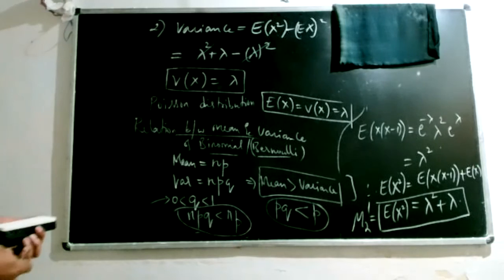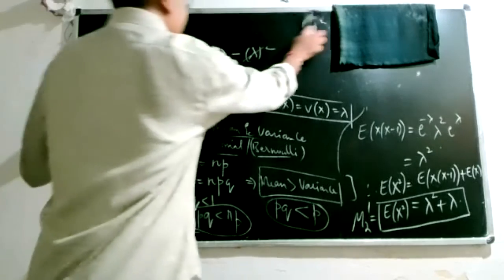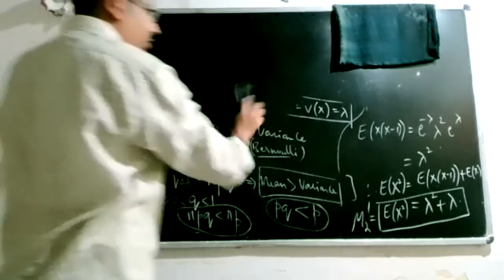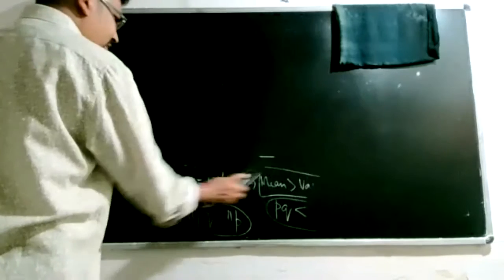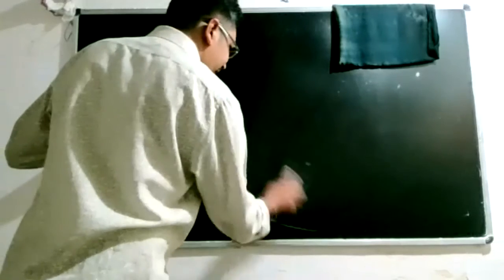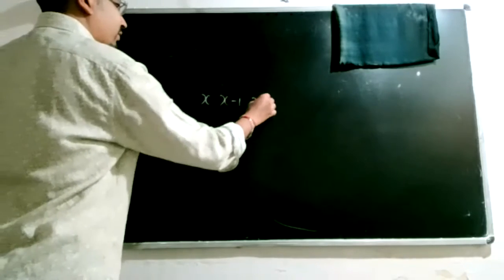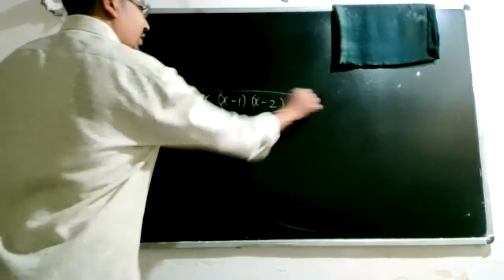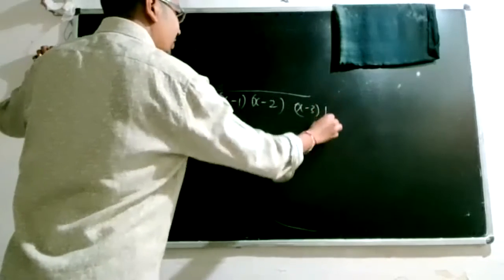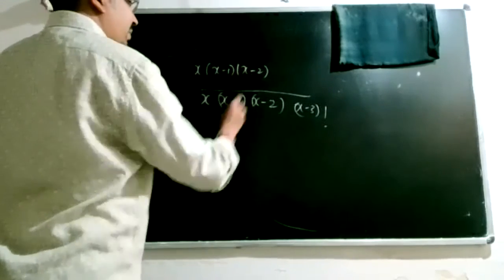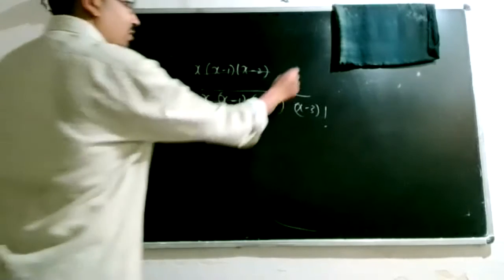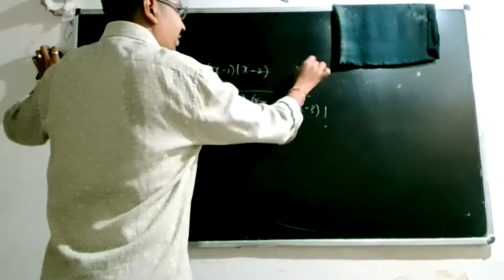Okay, so we're done with the mean and variance of binomial, and we will not invest time in deriving mu3 dash, mu4 dash, because for that we need the factorial moments. But it is very easy in the case of Poisson, because you just have to do the expansion of the x factorial in the denominator. For the next case, mu3 dash, you will consider E of x into x minus 1 into x minus 2. You can easily cancel out. You will have lambda power x by this.